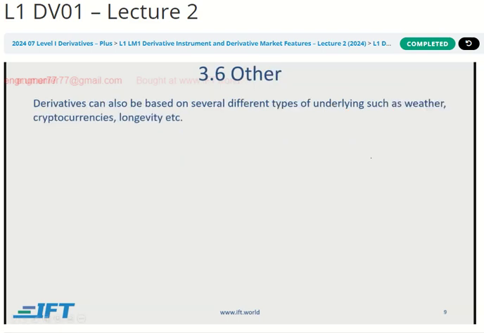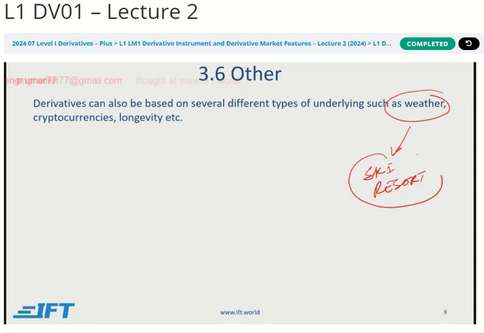There could be derivatives on almost anything these days, right? So for example, let's say you are a ski resort in Switzerland and you're worried that the weather might not be as good this year for skiing, and therefore fewer people will come.